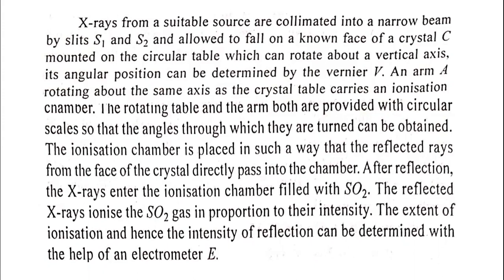The rotating table and the arm are both provided with circular scales so that the angles through which they are turned can be obtained. The ionization chamber is placed in such a way that the reflected rays from the face of the crystal pass directly into the chamber.